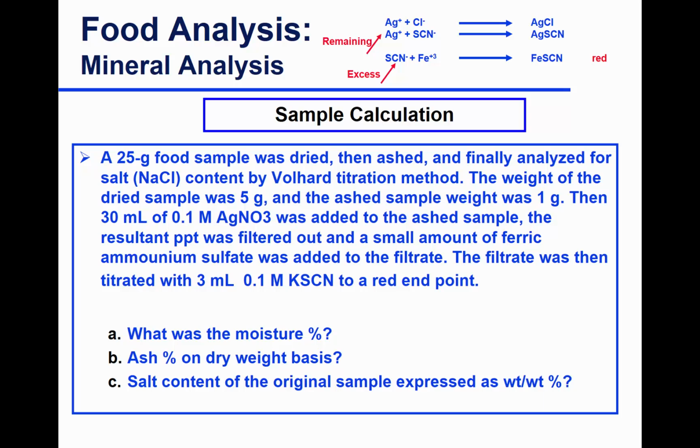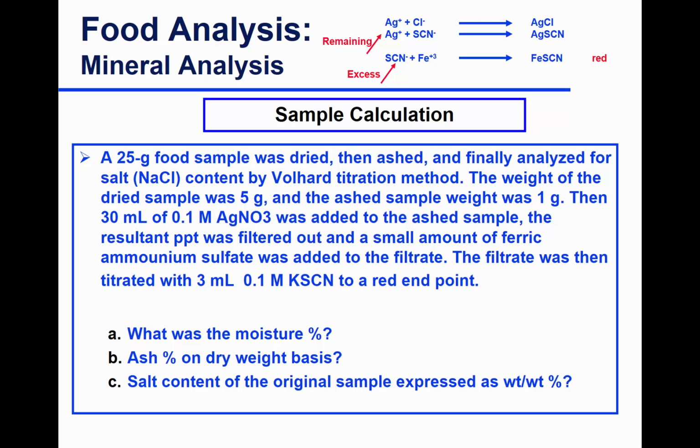So what you first need to know is the number of moles of silver nitrate total that you have. And then you'll find the number of moles of silver nitrate that reacted with the thiocyanate. So then you need to determine the number of moles of this. You'll know how many of the silver was remaining that reacted with that because it's a 1-to-1 ratio. So you'll know the number of moles of remaining silver nitrate.